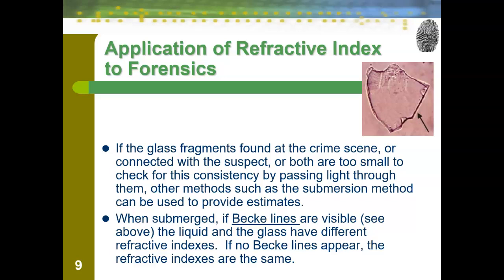So we can keep either using different liquids or heat and cool one liquid, because you can change the refractive index of liquids by heating or cooling them, until no Becke lines are visible, meaning the piece of glass essentially disappears like magic. When no Becke lines are visible, that means the refractive index of the glass and the liquid are the same. So then all we have to do is calculate the refractive index of that liquid, and we know what the refractive index of the glass is.